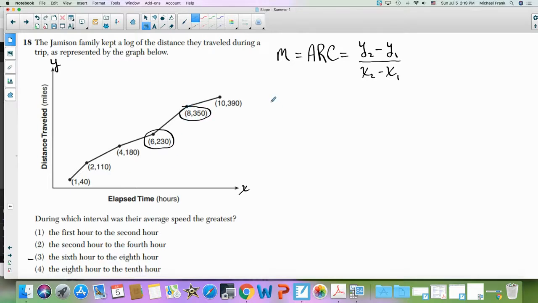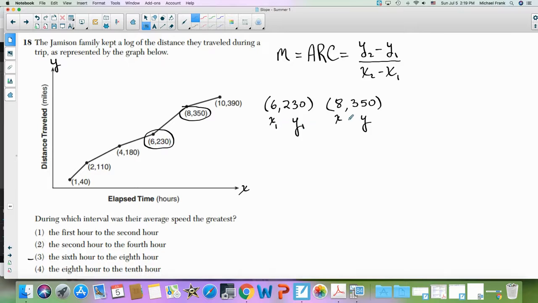Well, I'm going to take those 2 points out here, and I'm going to put the 6, 230 first. And I'm going to put the second point, which is 8, 350. And now since we're doing this as if it were the slope formula, this is my first value of x and my first value of y, and my second value of x and my second value of y.